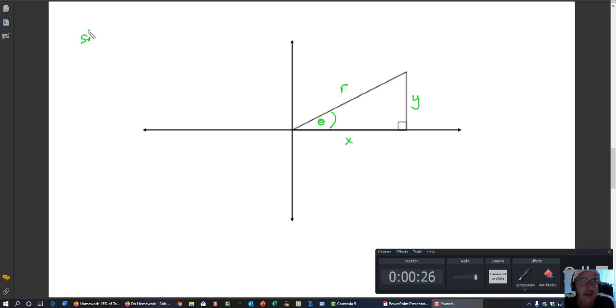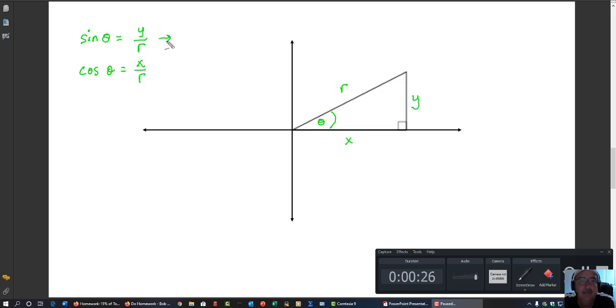And this is another good exam review concept right here, that the sine of angle theta would be opposite over hypotenuse, y over r, okay? The cosine of angle theta, adjacent over hypotenuse, would be x over r.